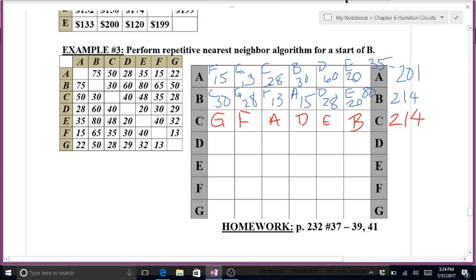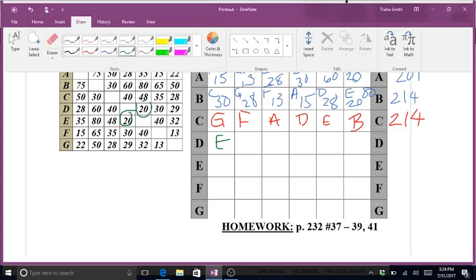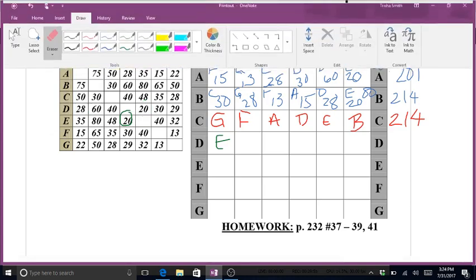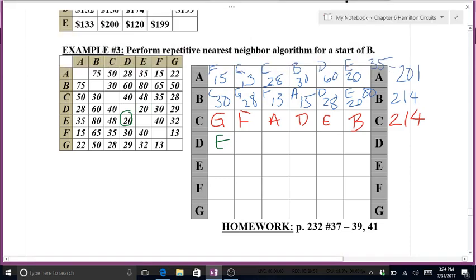Okay, if we start at D, my first stop should be E. If I go from E, my first stop should be D. Oh, can't do D, sorry. My bad. Okay, can't do D. So our next smallest one is going to be 32, it looks like.